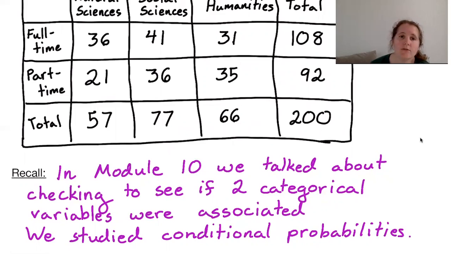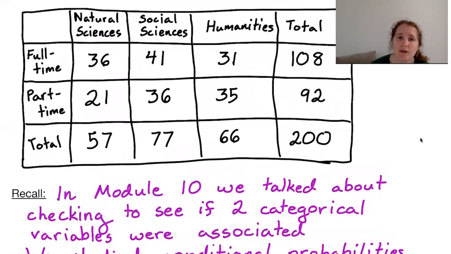For example, let's just focus on natural sciences, so that's our first column.